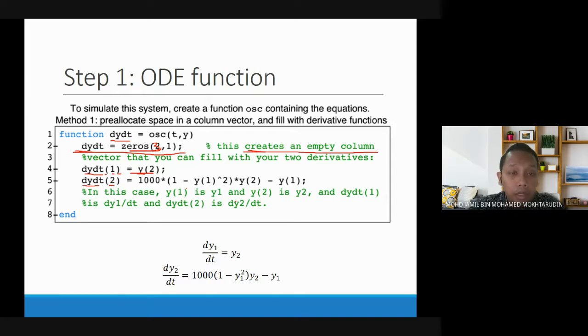So putting this zero ensures that the variable is clean. If it is not clean, it will mix the numbers. So when you get your result, it seems wrong, not the same as the actual one. The purpose of this line is to ensure that the values you get are new, not mixed with the previous values.